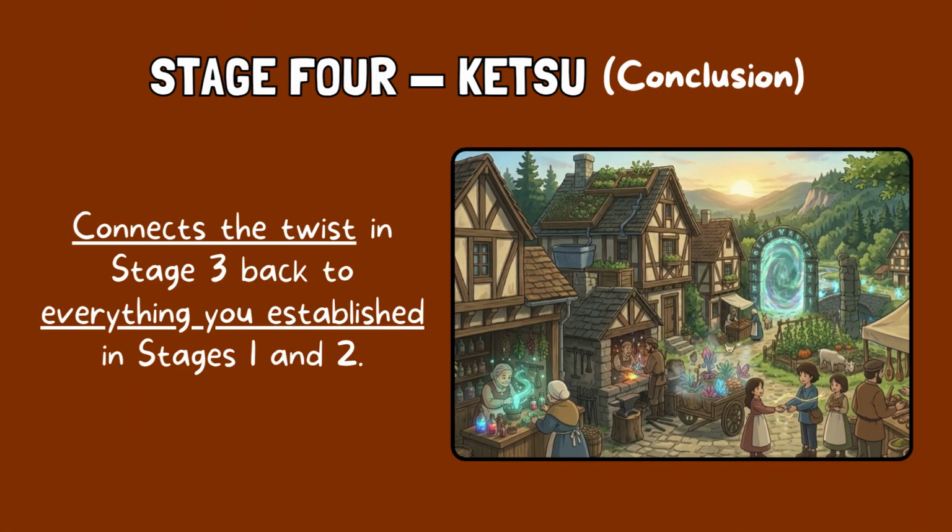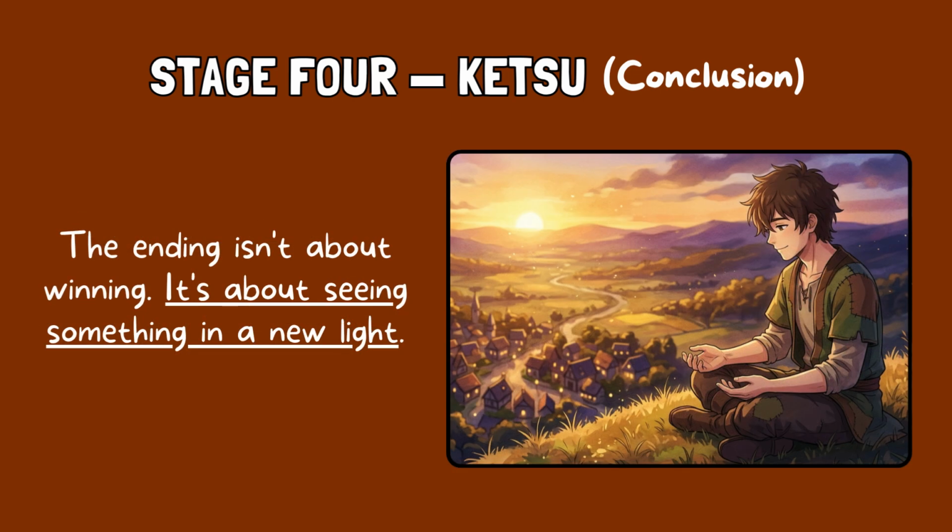Stage 4. Ketsu. The conclusion. The final stage is where it all clicks into place. The Ketsu connects the twist in stage 3 back to everything you established in stages 1 and 2. It gives the reader that aha moment, a feeling of harmony or realization rather than victory. This is the key difference between Kishotenketsu and Western storytelling.